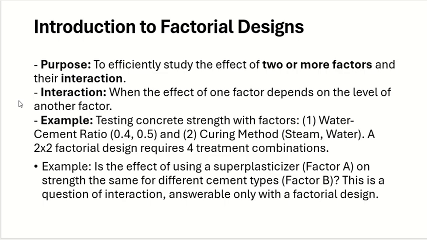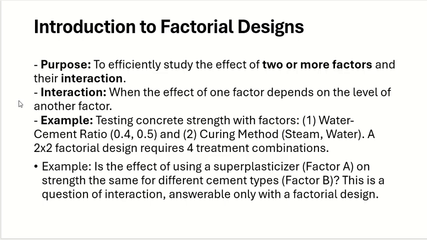So if you have 2 water cement ratios and 2 curing methods, I have 2 variables and each one of them has 2 possible values. The first variable is water cement ratio, the second variable is curing method, and each one of them has 2 variations, 2 options.